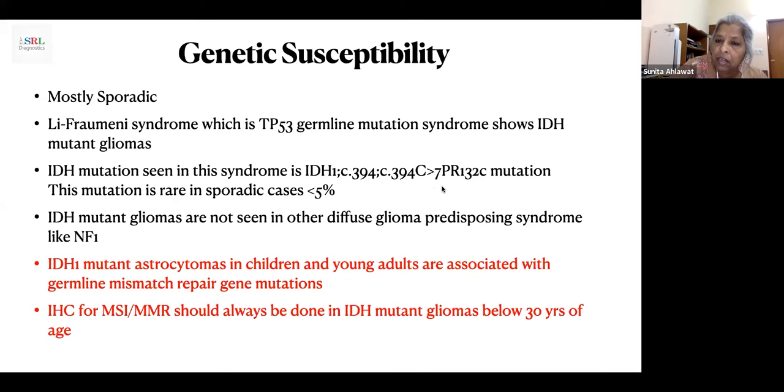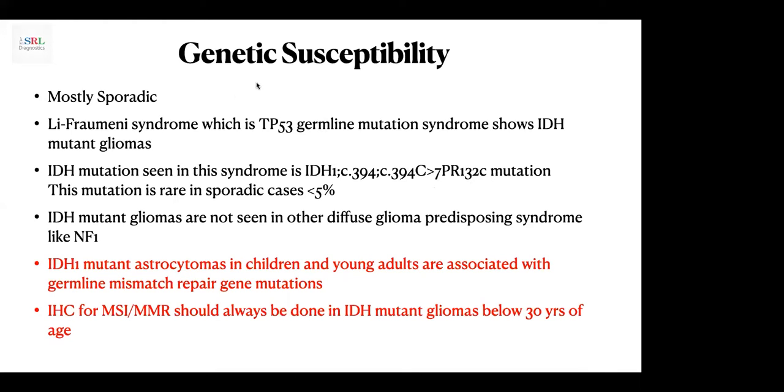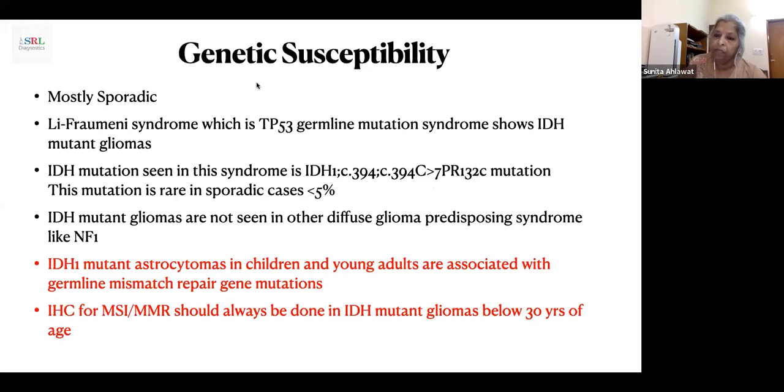That is, it is an R132C mutation, and the most common mutation in sporadic IDH mutant glioma is IDH1 R132H. Remember this is the IHC antibody that we use, and this mutation is present in 90% of tumors.